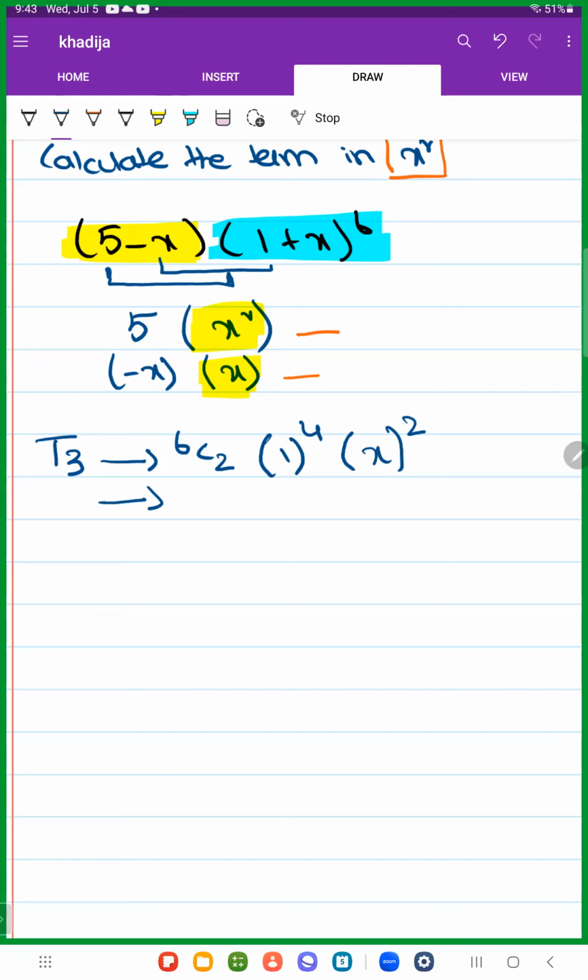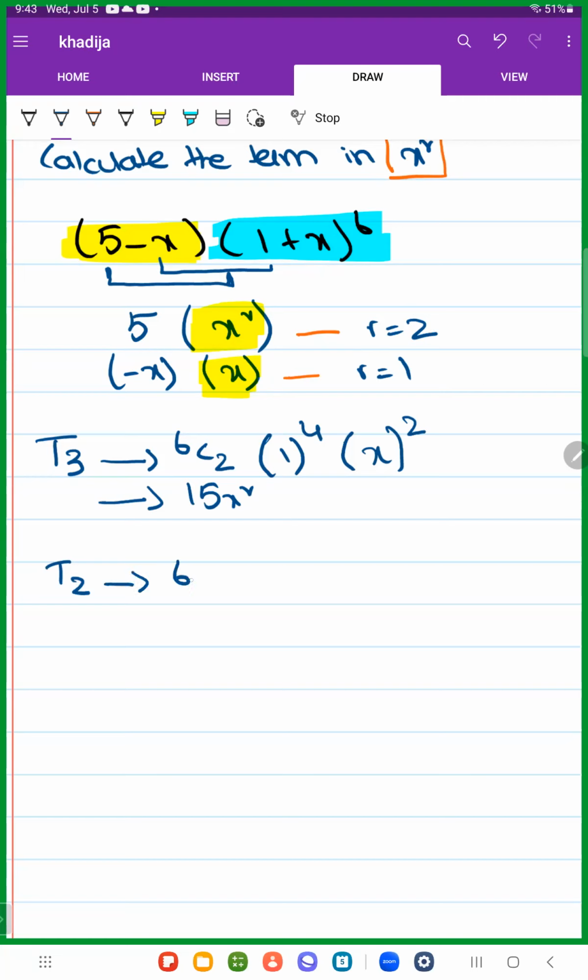So when I do this, I will get 15x squared. And for x, r will be 1, so I need to find t2. The term will always be 1 greater than the r value.